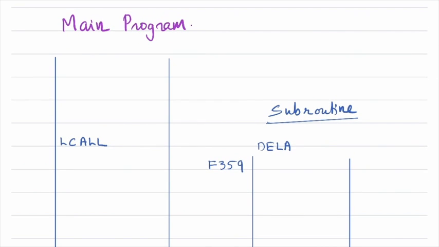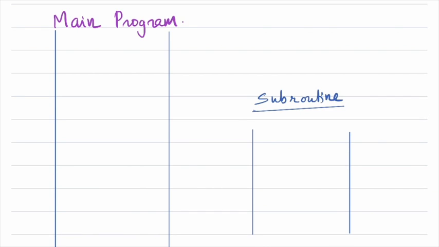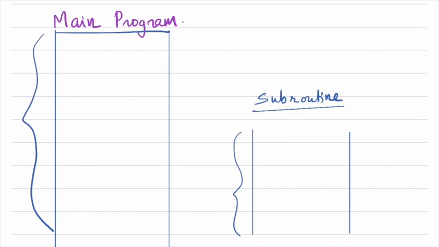Now in this example, I have given one drawing here. You can see here. So assume that we have a main program. I am going to write this main program in this block, and I am going to write my subroutine in this block. So when I say I am writing a program, you must be knowing that this program must be written in the code memory.